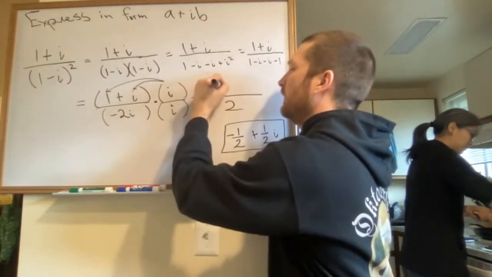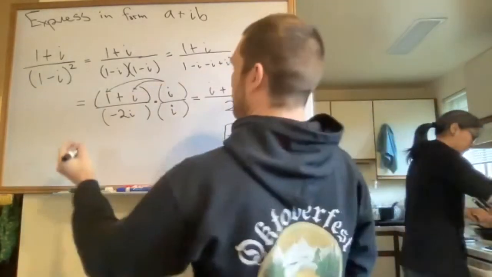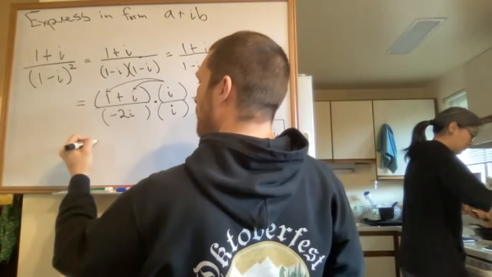There we go. And what's i squared? Negative 1.